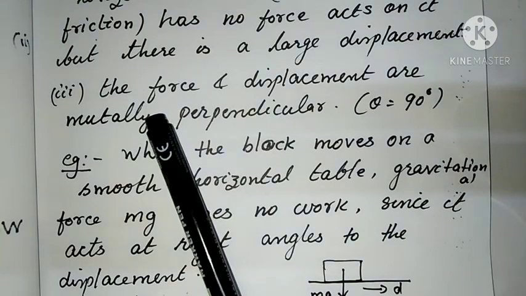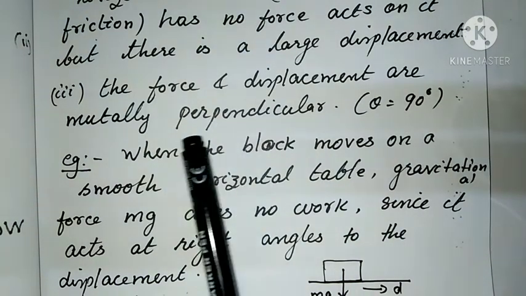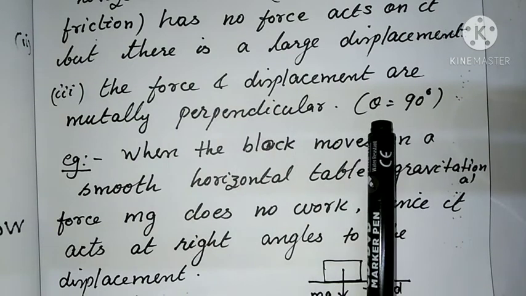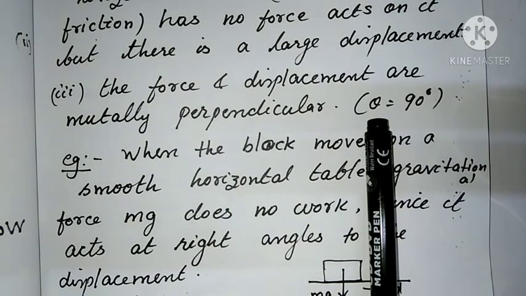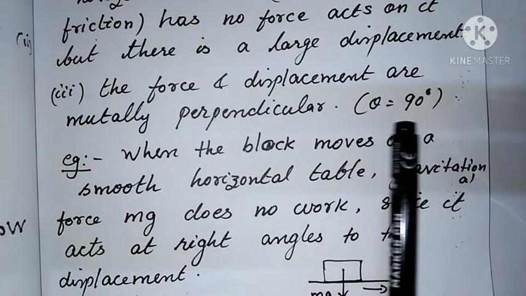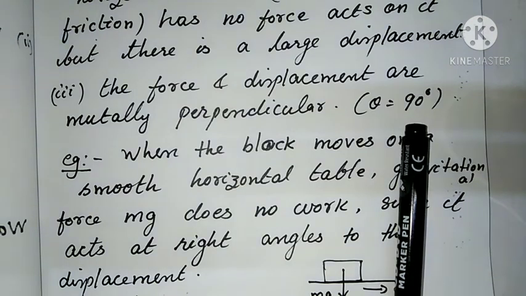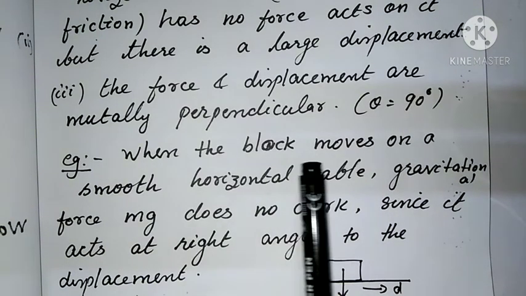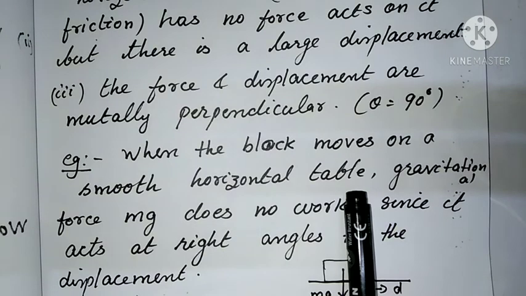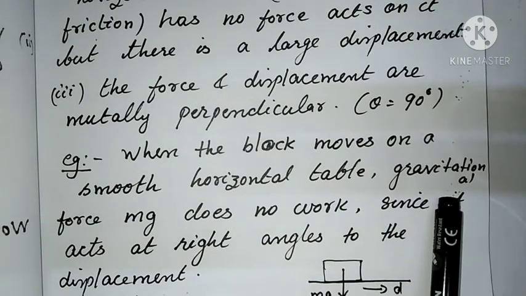Then the third case is the force and displacement are mutually perpendicular. There the angle between the force and displacement is equal to 90 degrees. For example, when the block moves on a smooth horizontal table, no frictional force is there.